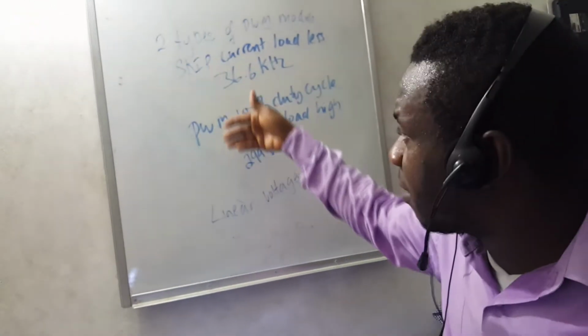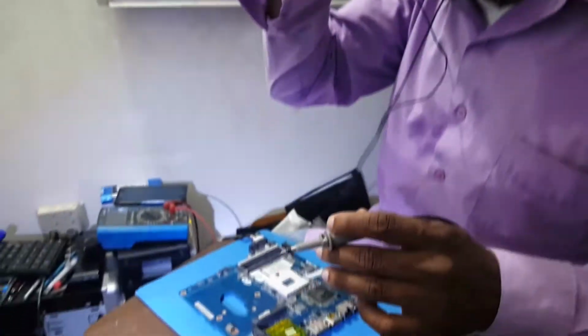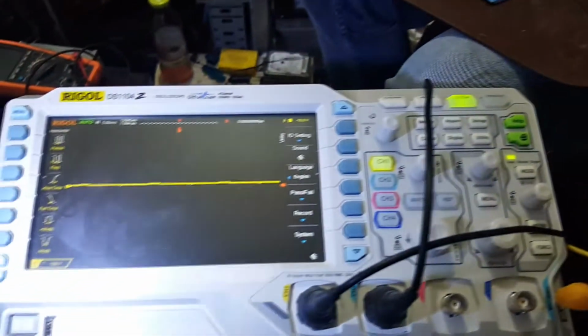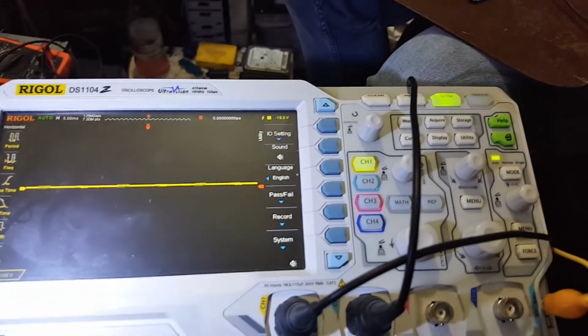How can we identify the difference between these two modes? Every PWM chip has a way to adapt to different states based on the state of the computer, to conserve power.